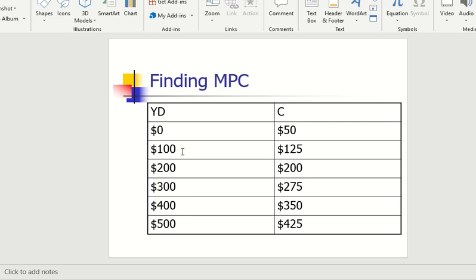When the disposable income is $100, the consumption is $125, and so on and so forth. Why don't we take a couple of minutes to look at this data and see whether you can find a consistent pattern that will help you find the marginal propensity to consume. So let's pause for a couple of minutes.